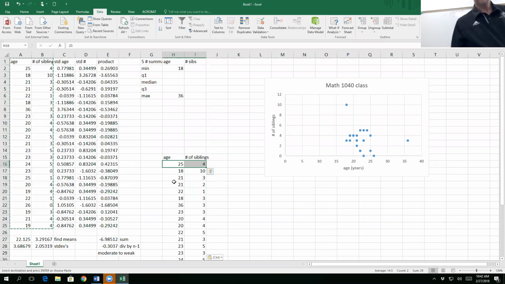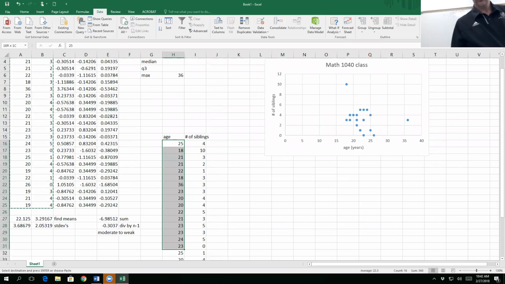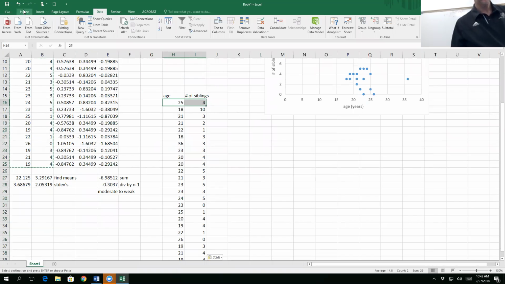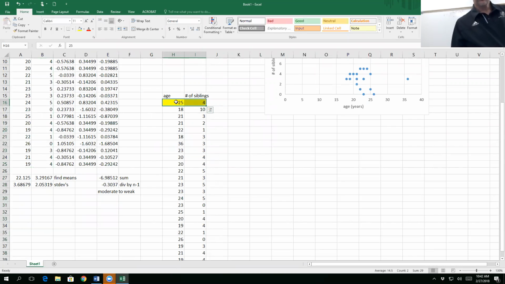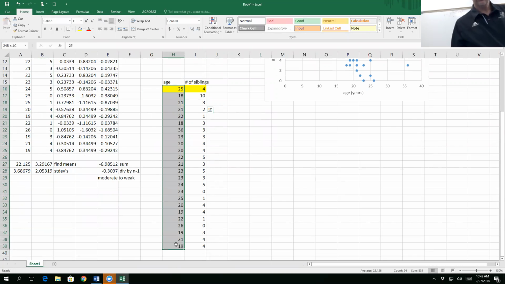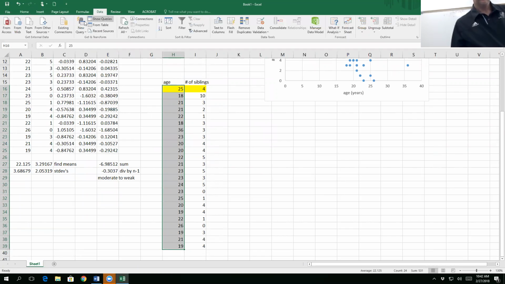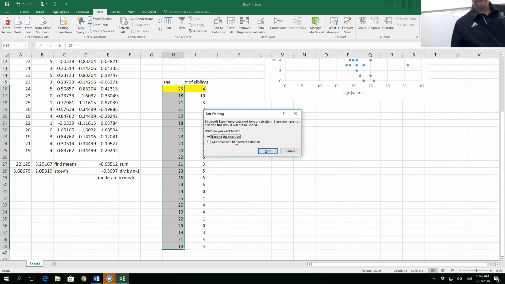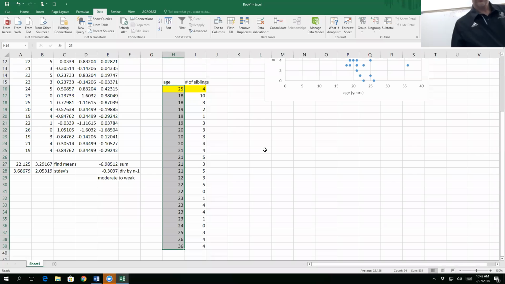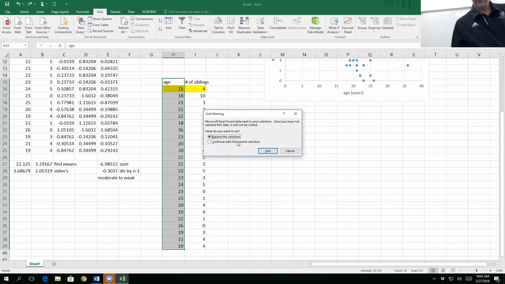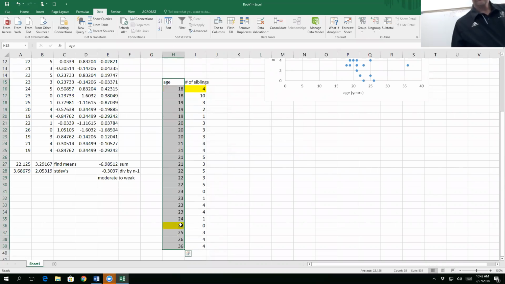Because this 25 should be associated with that 4. In fact, I'm going to see if I can highlight these. If I sort the age by itself, data, sort, continue with the current selection. Oh, you know what? I'm going to do that one more time. I didn't include the title in there. Sort, continue. That 25 just went down to the 0. It's now associated with the wrong one.